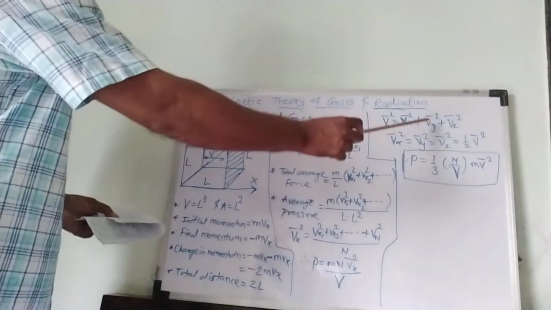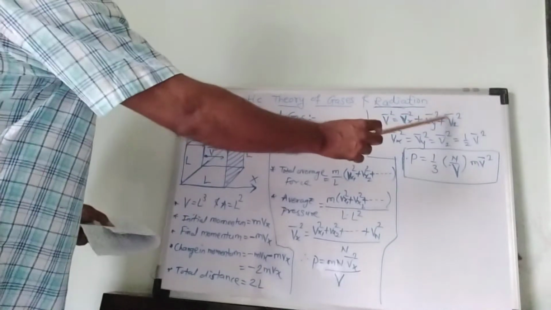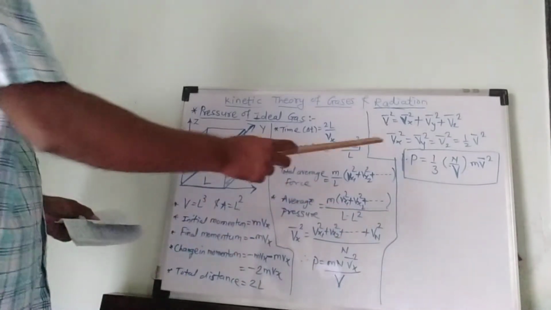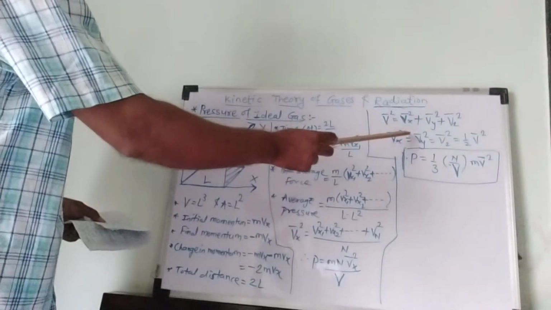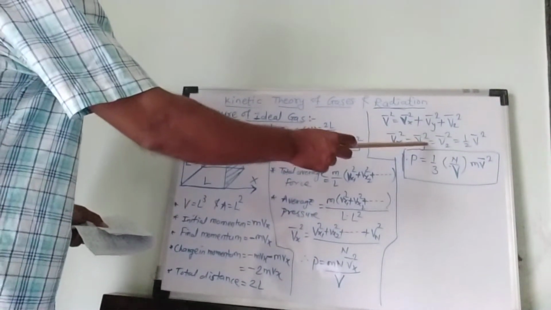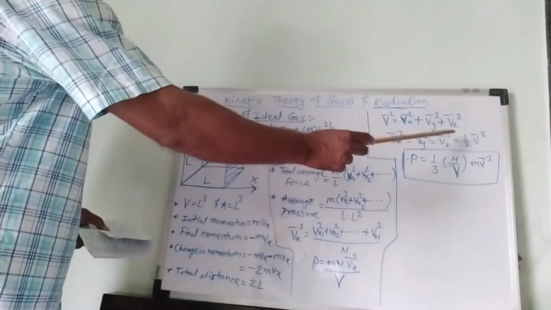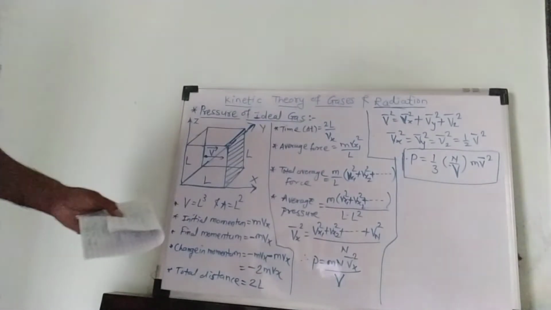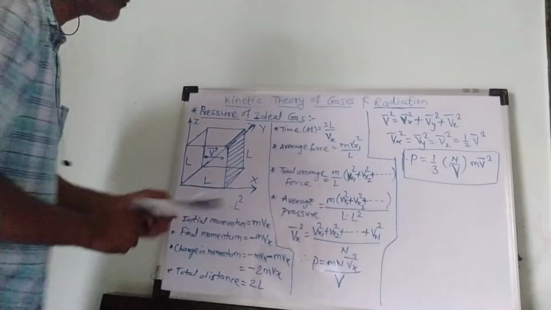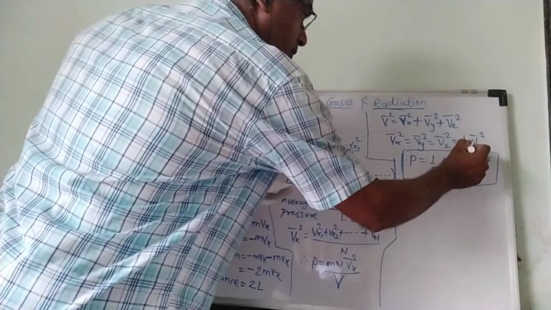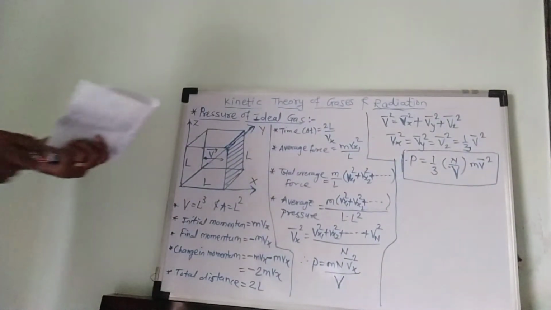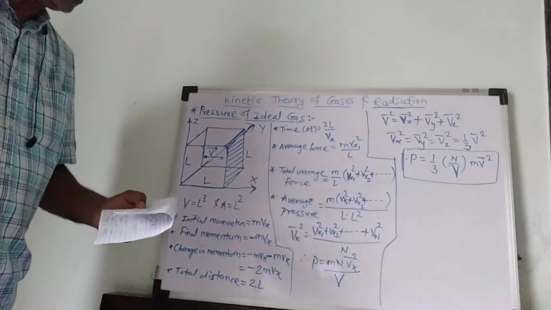Therefore V bar squared is equal to Vx bar squared plus Vy bar squared plus Vz bar squared, and therefore Vx bar squared is equal to Vy bar squared is equal to Vz bar squared is equal to 1 upon 3 V bar squared.